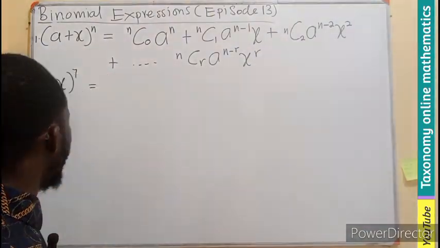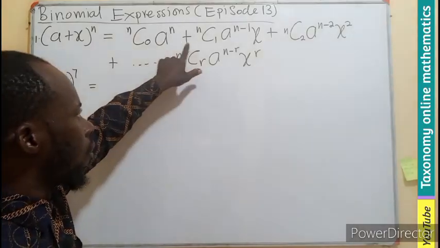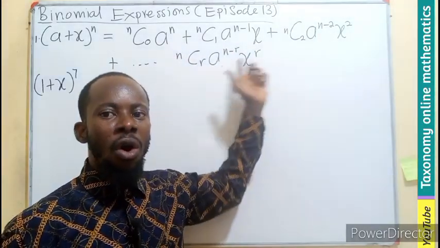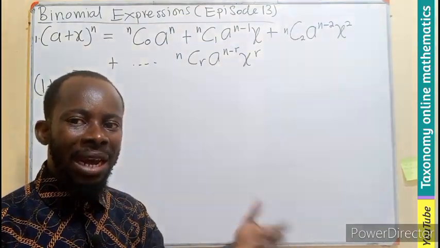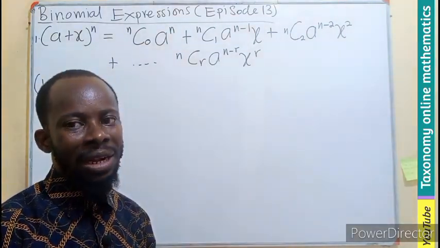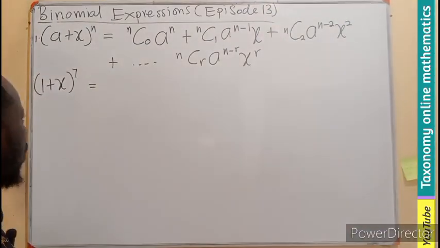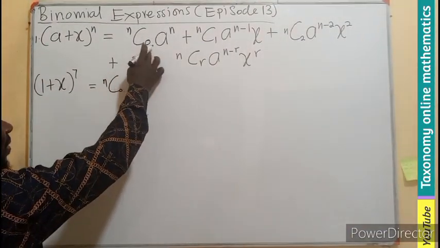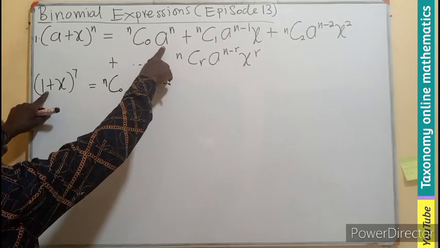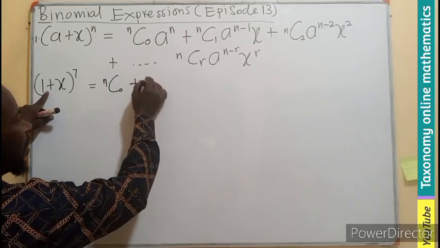So the moment your first term is 1, you are going to ignore the a in all the terms, because 1 exponent 9 is 1, exponent 4 is the same 1. So we ignore them.